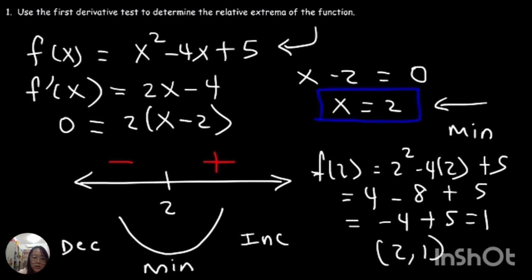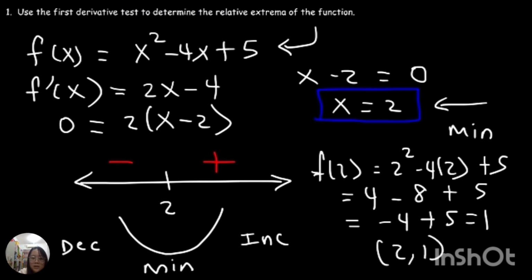So the graph will be a minimum, because it comes from decreasing to increasing, from negative to positive.